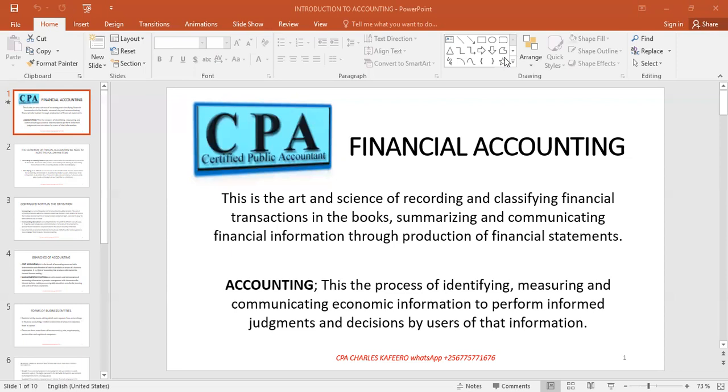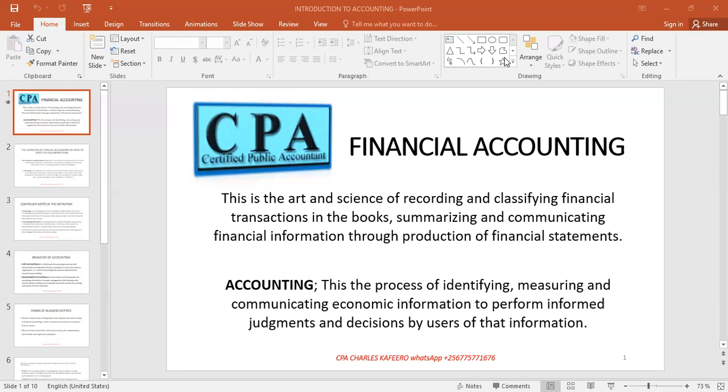So as I said, accounting is the process of identifying, measuring, and communicating economic information to permit informed judgments and decisions by users of the accounting information.